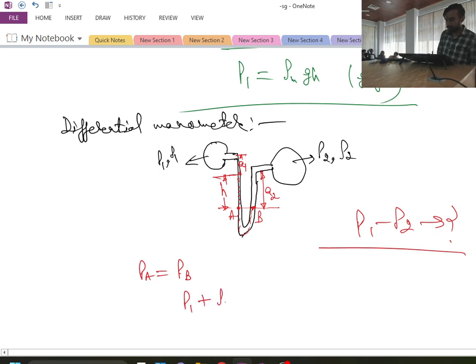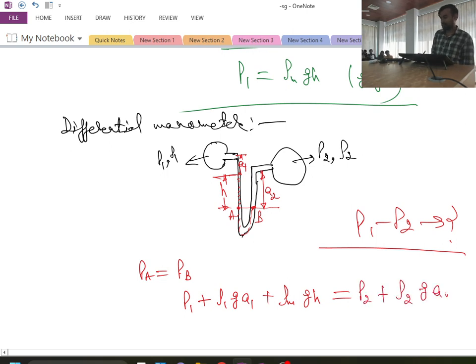P1 plus rho 1 g a1 plus rho m g h, that will be equal to rho 2 g a2 plus P2. So from here I can find the value of P1 minus P2 or P2 minus P1. Here which one is larger? P2 is greater than P1 as per this configuration.